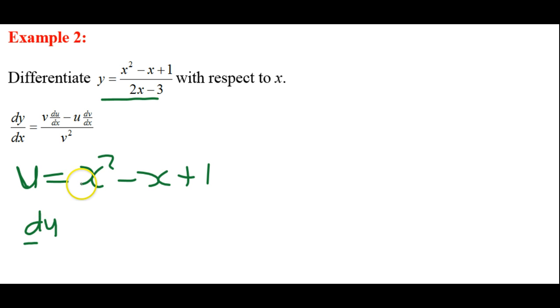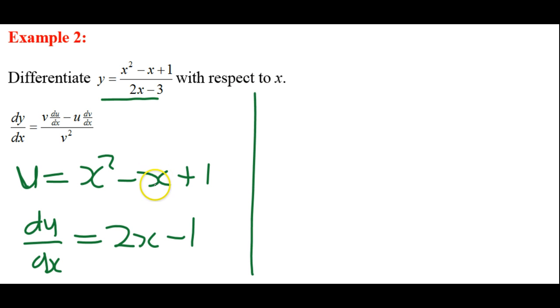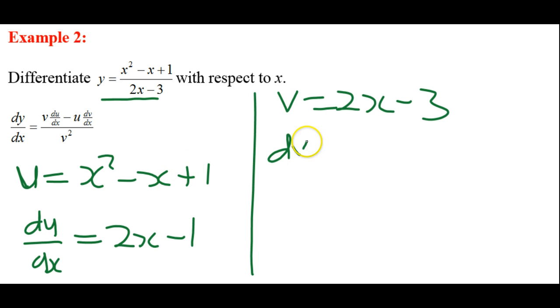Then when I differentiate that with respect to x, I have 2x minus 1. Then the denominator will be defined as 2x minus 3. Its derivative will give me 2.